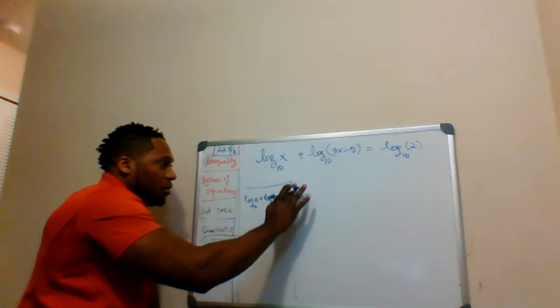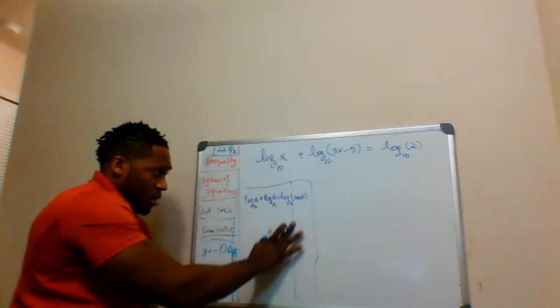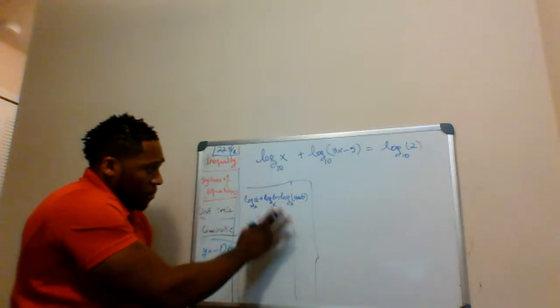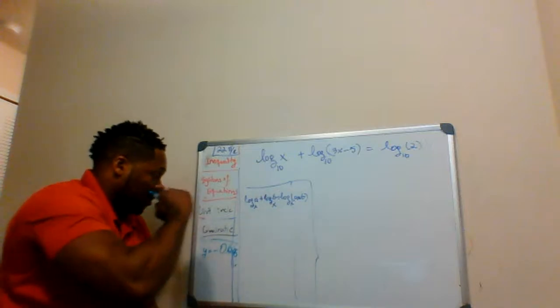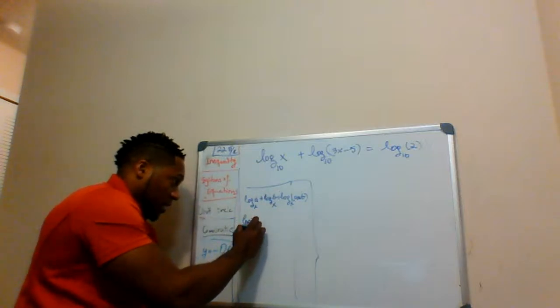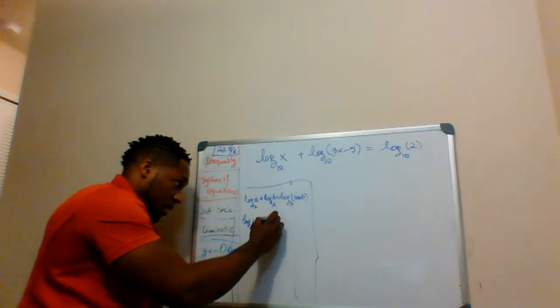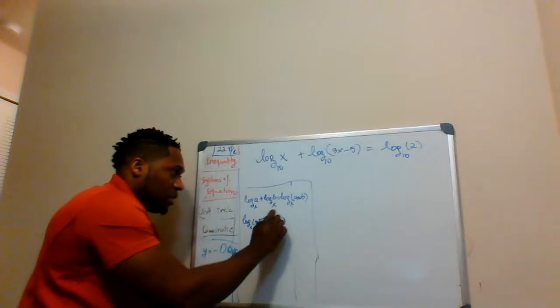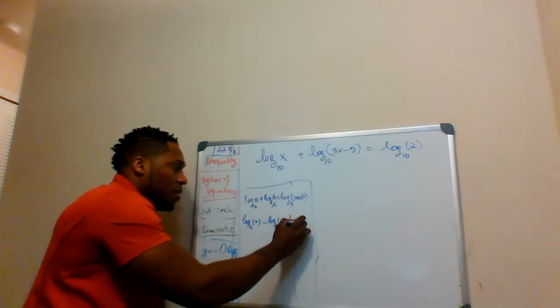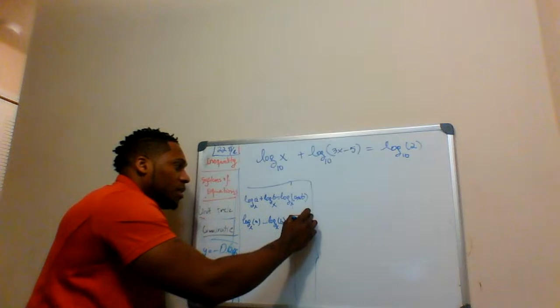And that's the first one that we already know. And then the minus sign would be the same too. So log base x of a minus log base x of b is equal to log base x of a over b.